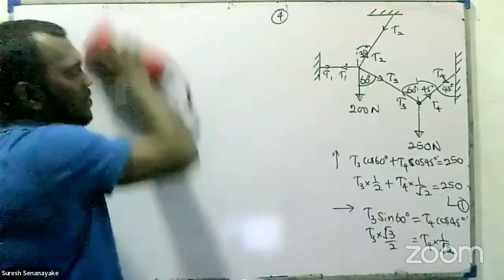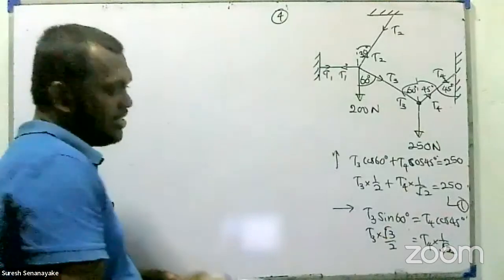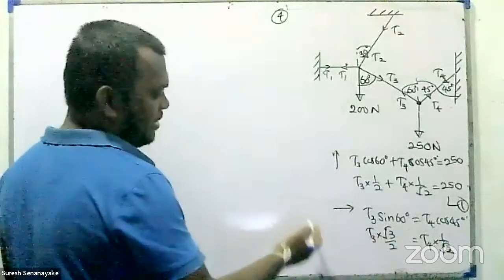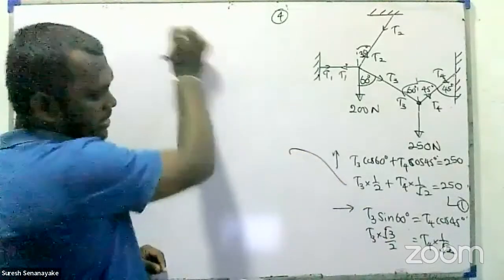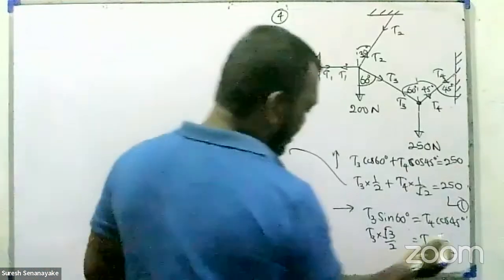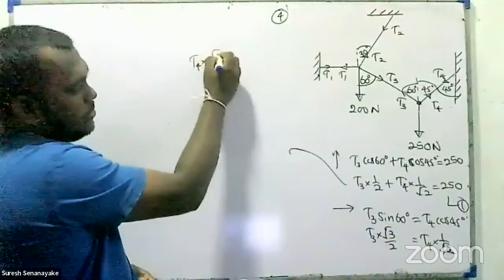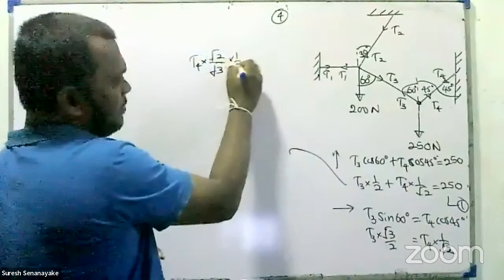I'm going to simplify, you have to simplify. I will check this. Then I can substitute there. Then T3 is T4 times root 2 over root 3.